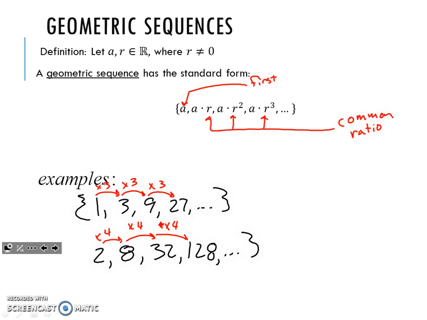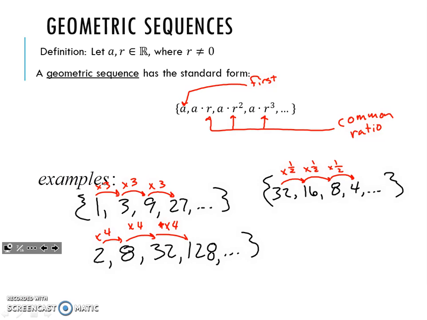Common ratio is going to be that you are multiplying between them. Also, this sequence here is also a geometric sequence. What are we multiplying by? Well, I am multiplying by 1/2 in this case here.